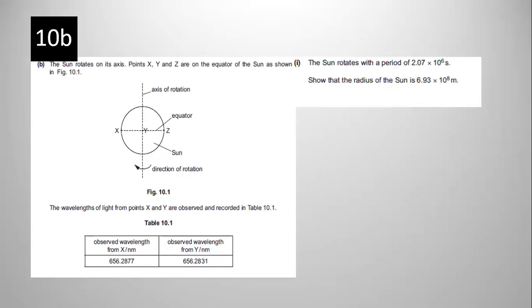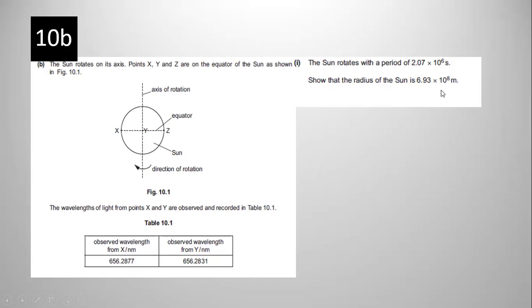The sun rotates on its axis. X, Y and Z are on the equator of the sun as shown in figure 10.1. The wavelength of light at points X and Y are observed and recorded in the table.